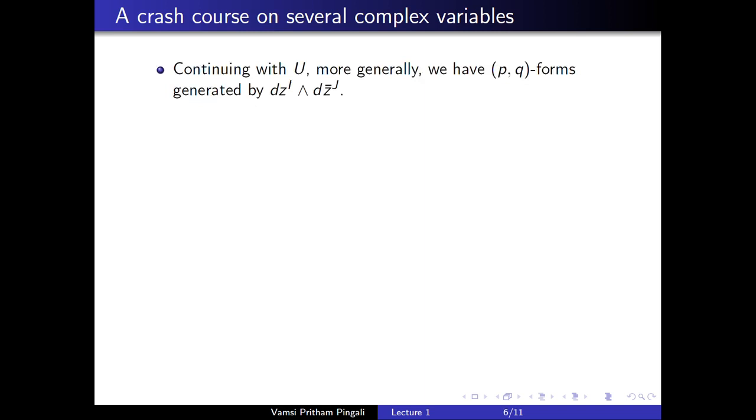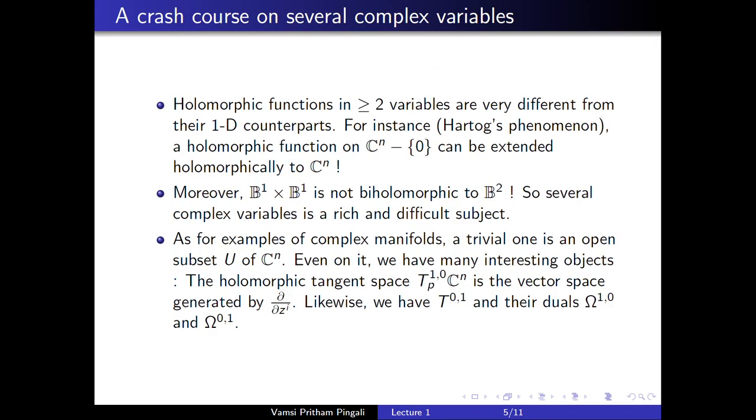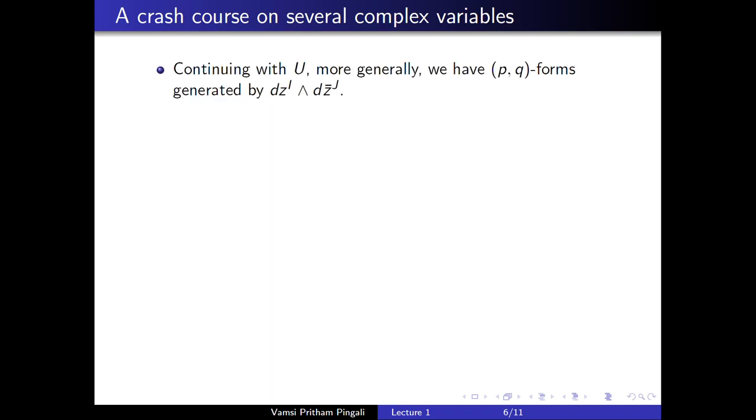Continuing along this theme, you don't just have 1,0 and 0,1 forms. By the way, these duals are called 1,0 forms and these are called 0,1 forms. More generally, you have p,q forms generated by dz1 wedge dz2 wedge so on until dzp, wedge dz bar 1, wedge dz bar 2, wedge so on until dz bar q. That's an example of such a form.